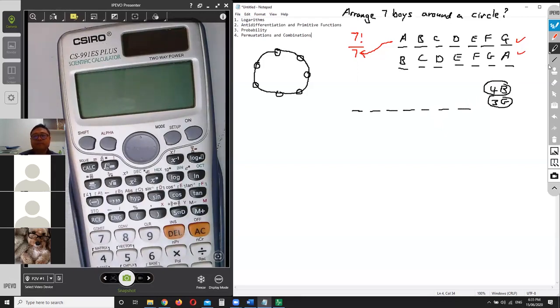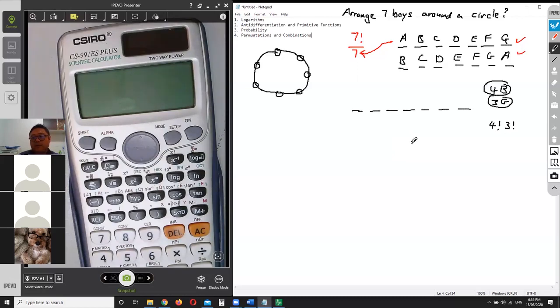Would it be 4 factorial times 3 factorial? What do other people think? Do you have to use the P symbol? Yep, you can use the P symbol. So would that be 4P3?